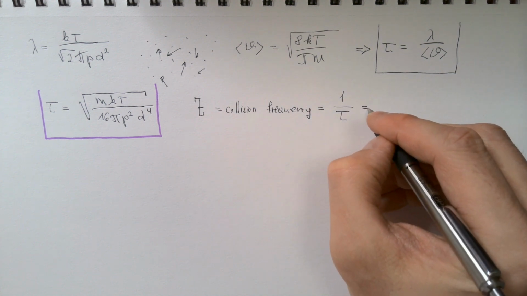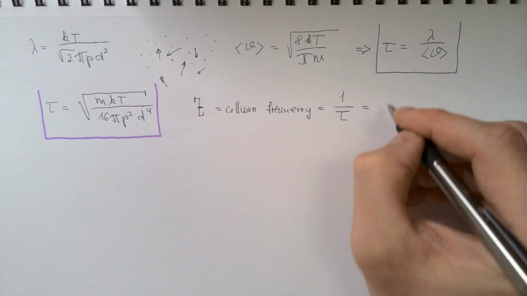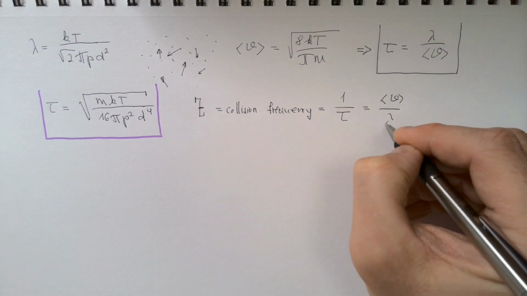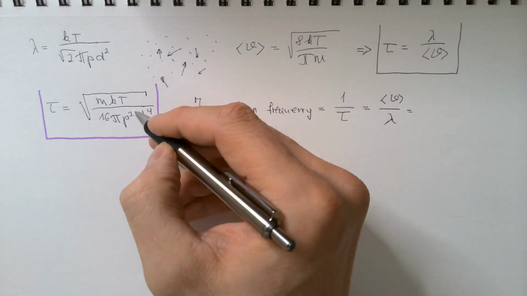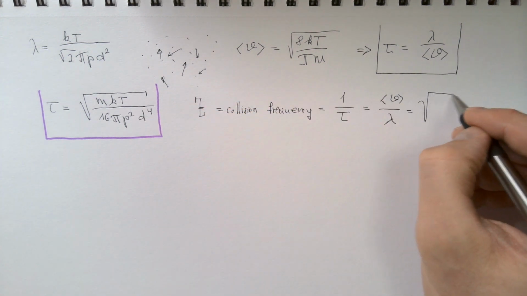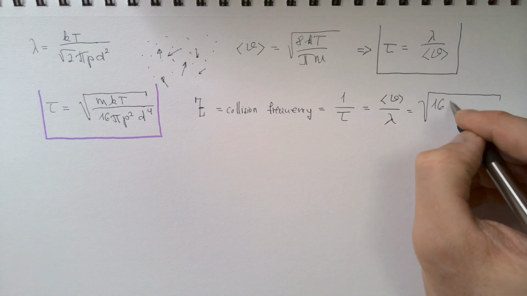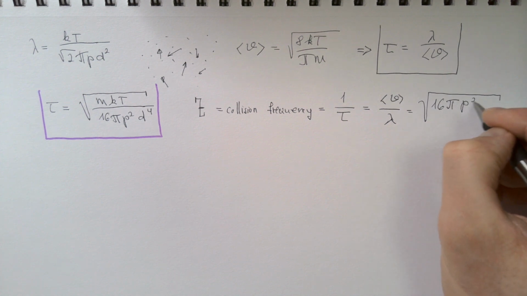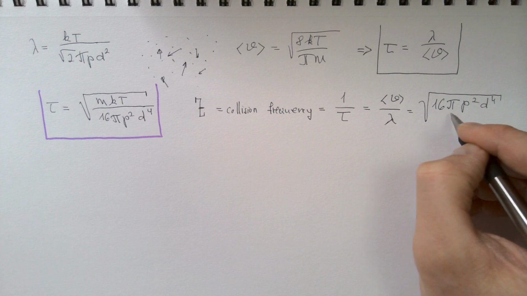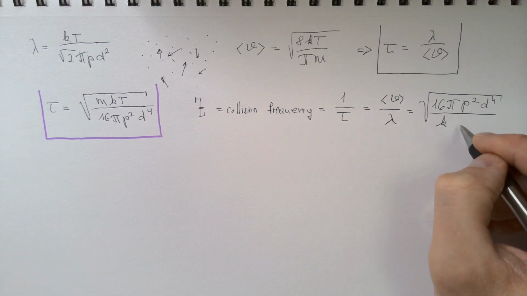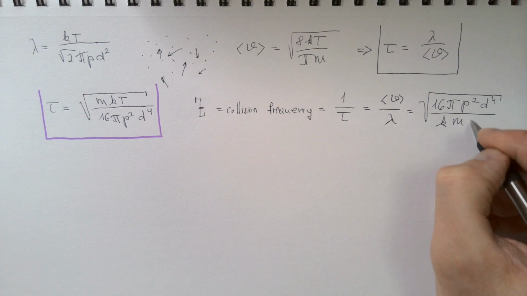And that is therefore equal, from this formula, to mean V over lambda, or you can invert this formula to get square root of 16 pi P squared d to the power 4 divided by k times m times T.